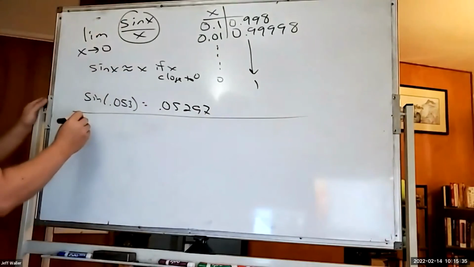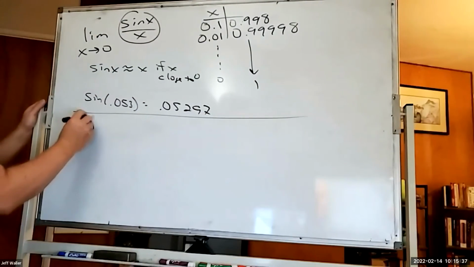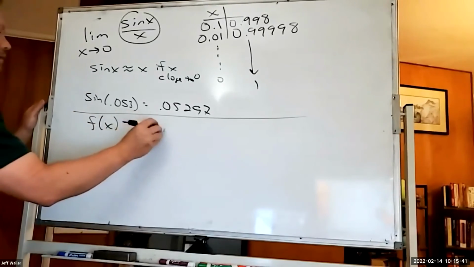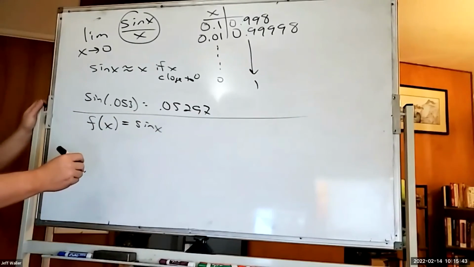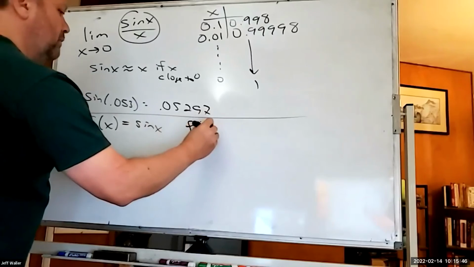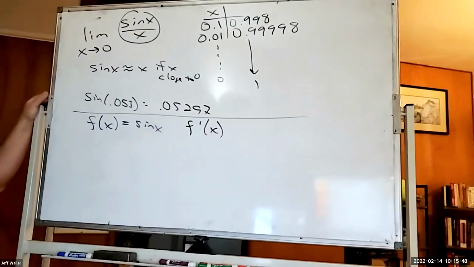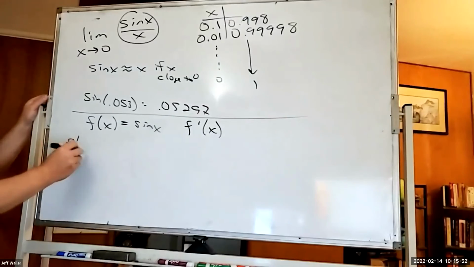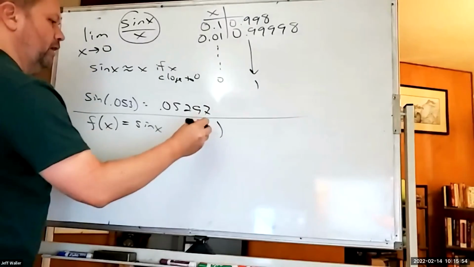Now, what does that have to do with anything? Well, I want to know what's the derivative. So if f of x is sine x, what is f prime of x? Let's set this up. F prime, well, let's say f prime of a. Why not?